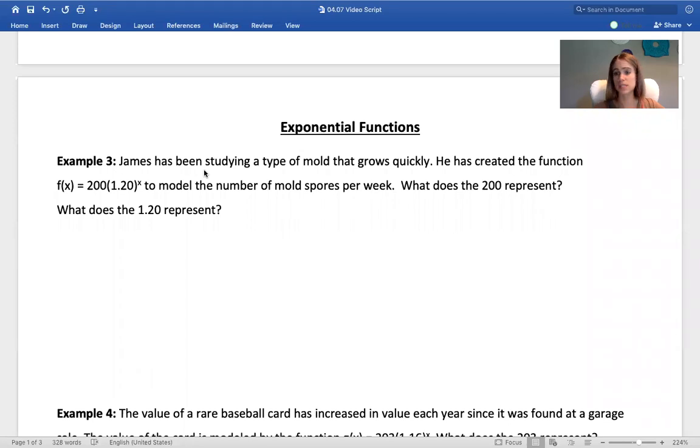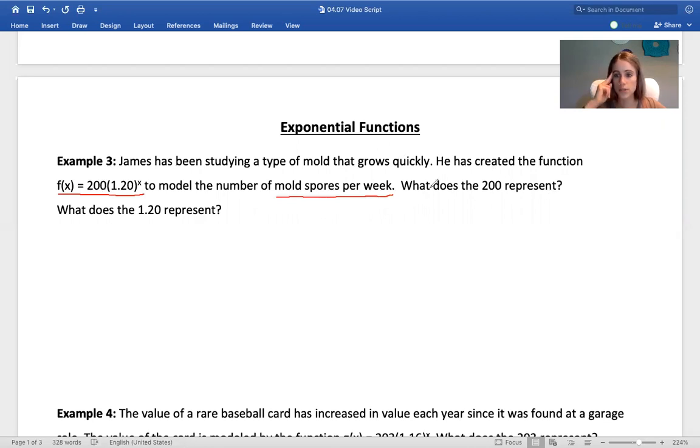All right, even though this is exponential, same strategy, 3 reads. James has been studying a type of mold that grows quickly. He has created this function to model the number of mold spores per week. So this represents the number of mold spores per week.